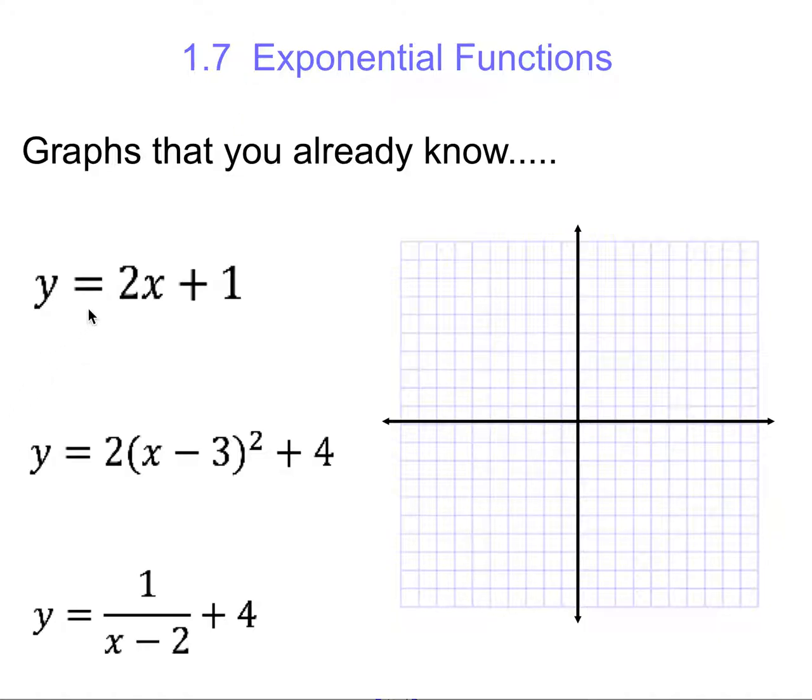Okay, so y equals 2x plus 1. What does this graph look like? Well, this is in y equals mx plus b form. So I know my y-intercept will be at 1, and I know my slope is 2, so I go up 2 over 1.